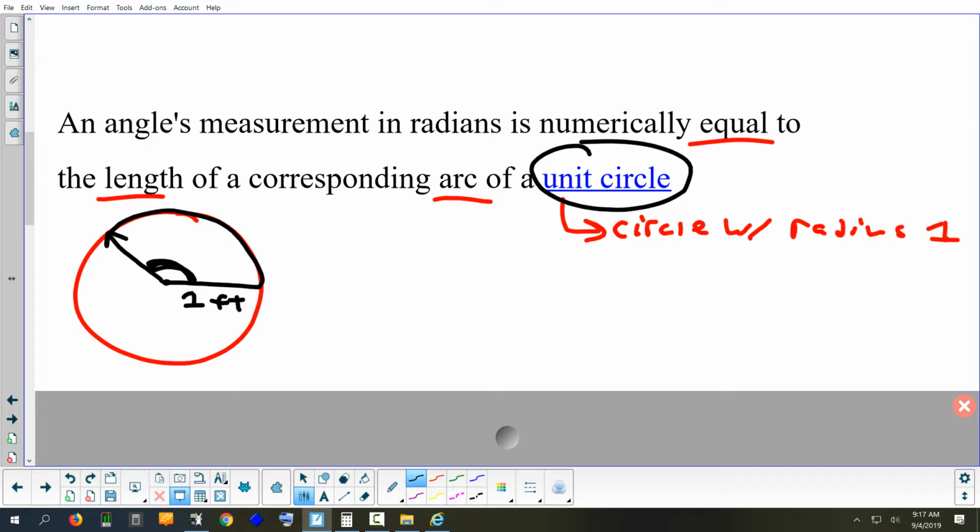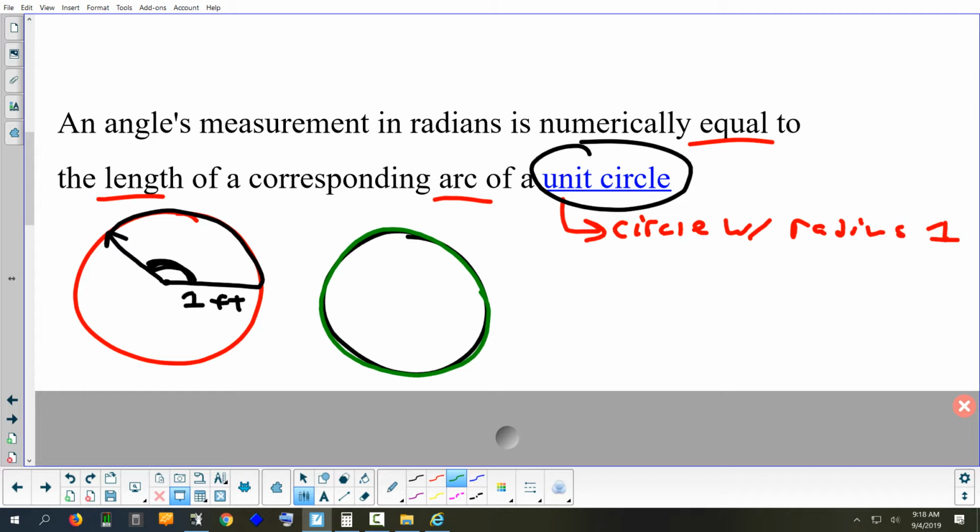Right? So what that means is if we can figure out how big the arc is that goes all the way around the circle. Okay? When it's an arc that goes all the way around the circle, we usually don't even call it an arc anymore. Now you call it a circumference. But technically, circumference is an arc.